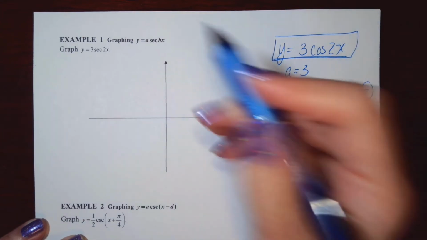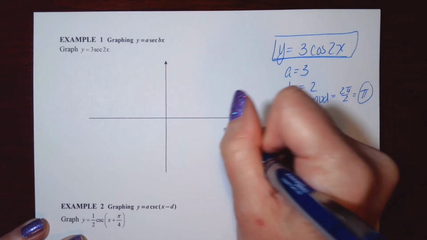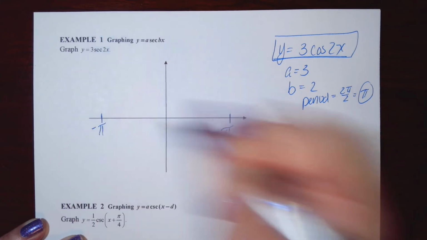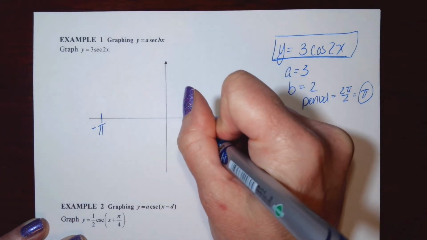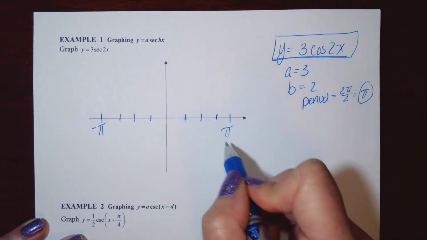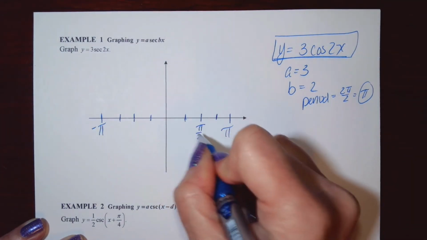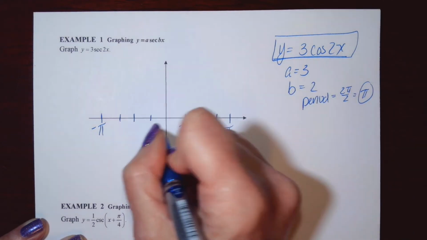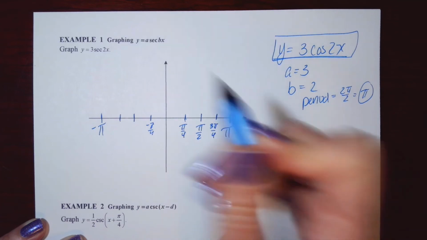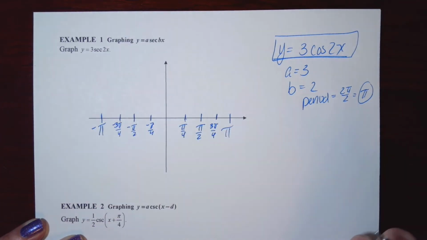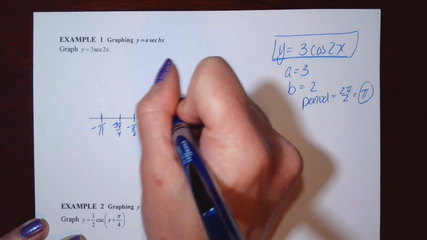So let's go ahead and graph a couple of periods. We're graphing cosine. We're going to go from 0 to positive pi, and back over here we're going to go 0 to negative pi. Each of those cycles gets 4 equal intervals. That's going to be pi halves, pi fourths, 3 pi fourths, and then the same thing in a negative direction. Amplitude is 3.